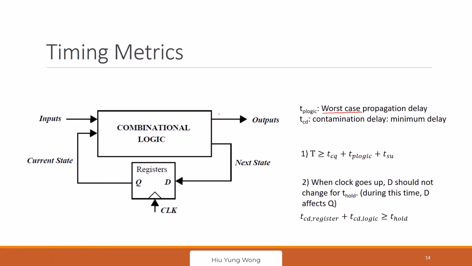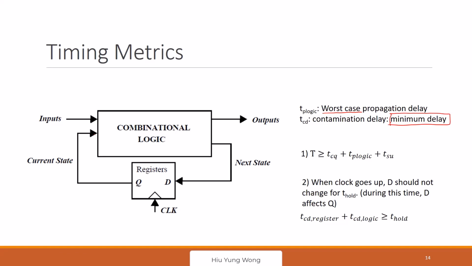Let's say you find T sum or T carry, whatever, you measure it. It takes how much time to go from left to right? That is one thing, right? But there's also one thing called contamination delay. This one you may get unhappy. You know, being too fast is also a problem.